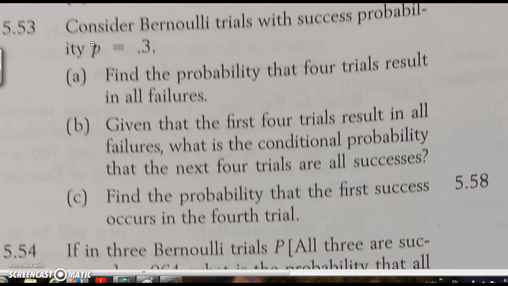In this video, I'm going to give you an example similar to 5.53. So this chapter, we always talk about Bernoulli trials. When we do an experiment, for example, tossing a coin or asking people questions, every time we toss the coin, it's called a Bernoulli trial. Or every time you ask one person, that's a Bernoulli trial.